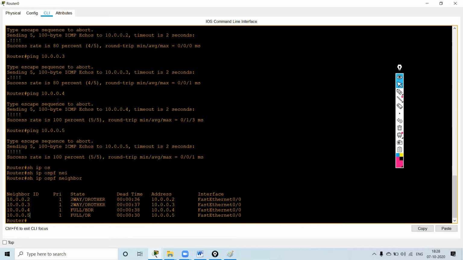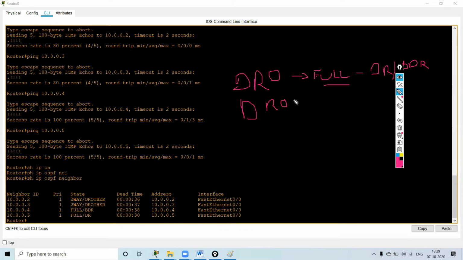You can see this router 0, which has 10.0.0.1, is a DR other router. How did I come to know? A DR other will have a full state neighborship with the DR and BDR, and DR other and DR other will have a two-way state.